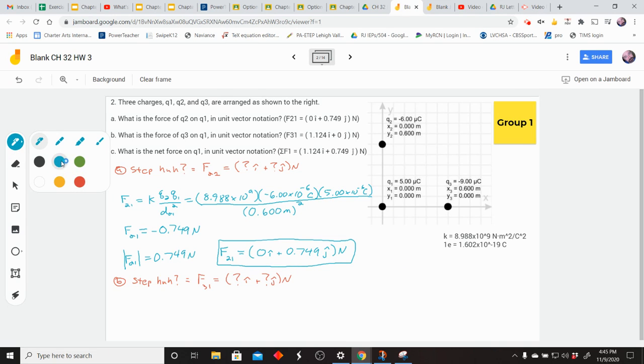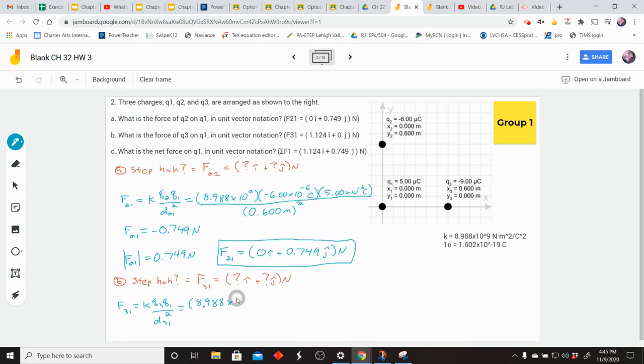So to do the math here, what we've really got is F of 3 on 1 is equal to K Q3 Q1 over the distance from 3 to 1 squared. So this is squared and these are subscripts. So go put in your numbers. Again, one of the last steps you should do when you're doing these problems is write down exactly the numbers you're going to put in the calculator.